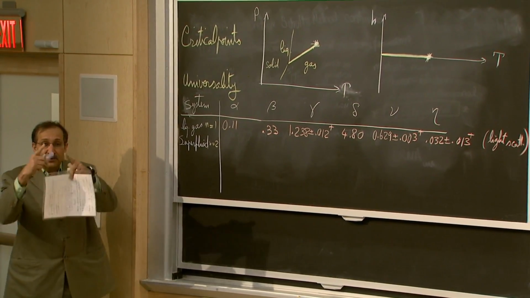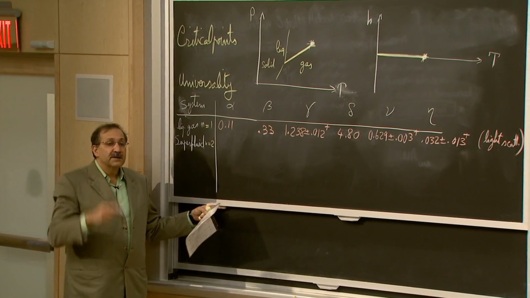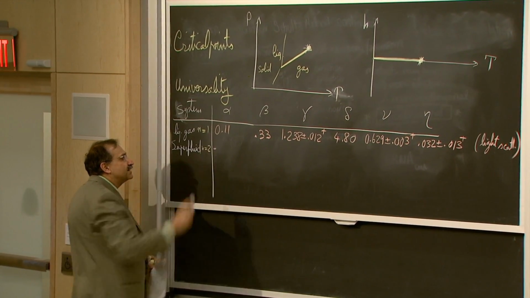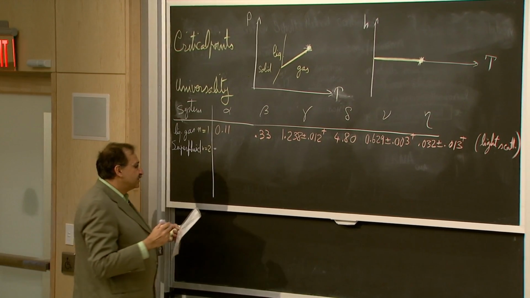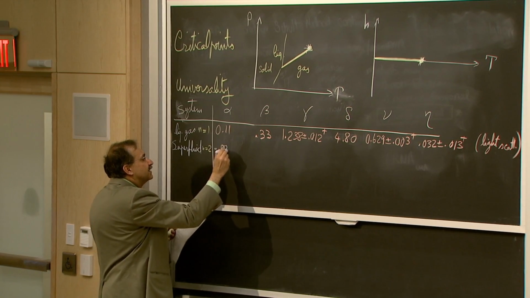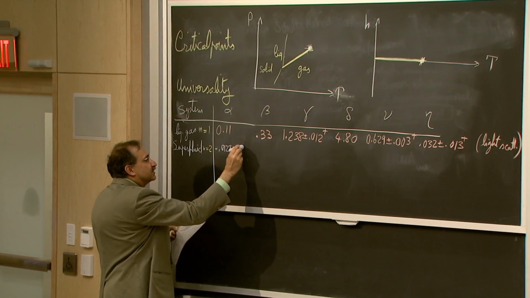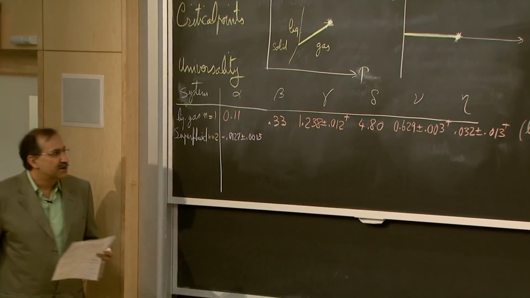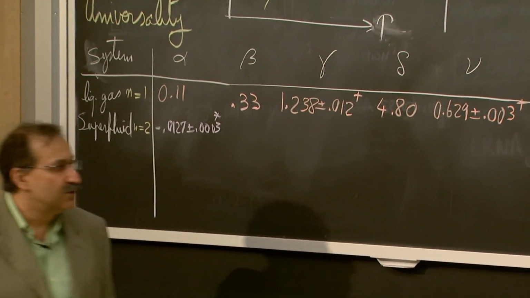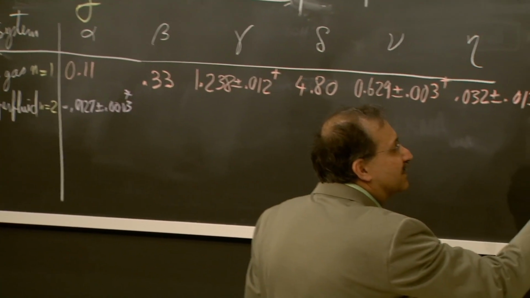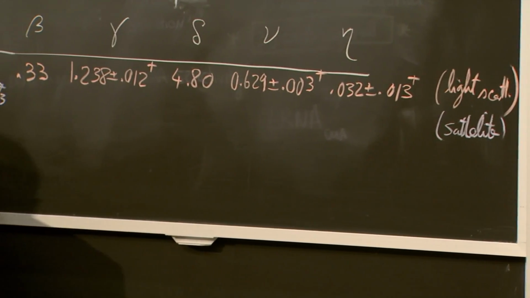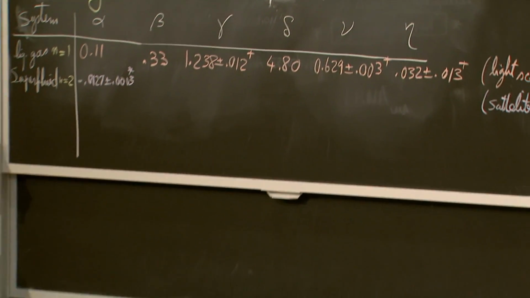You look at it very closely, and it is in fact a cusp and does not diverge all the way to infinity. So it corresponds to a slightly negative value of alpha, which is minus 0.0127 plus or minus 0.0003. And the way that this has been determined is they took superfluid helium to the space shuttle, and these experiments were done away from the gravity of the Earth in order to not have to worry about the density difference that you would have across the system.